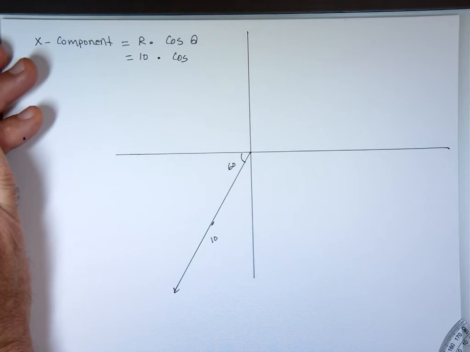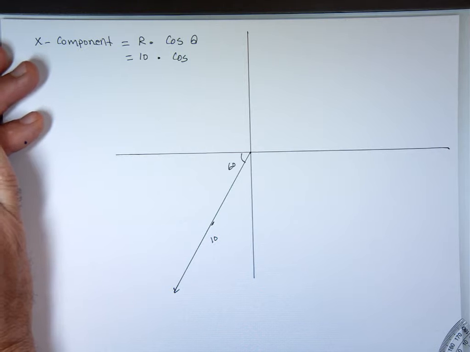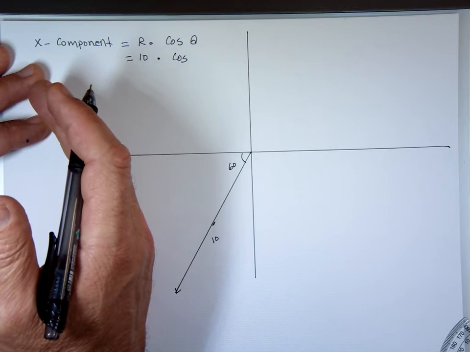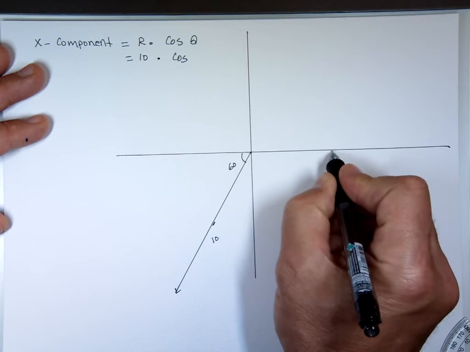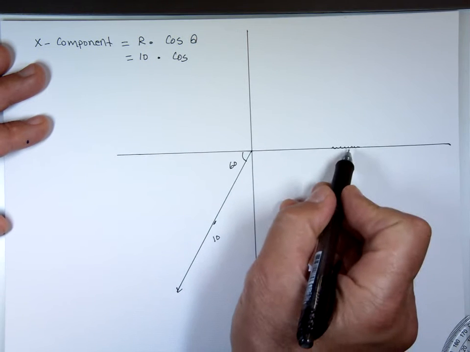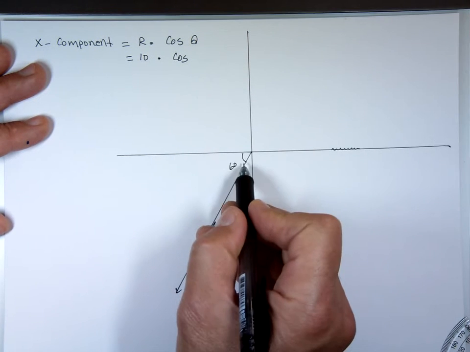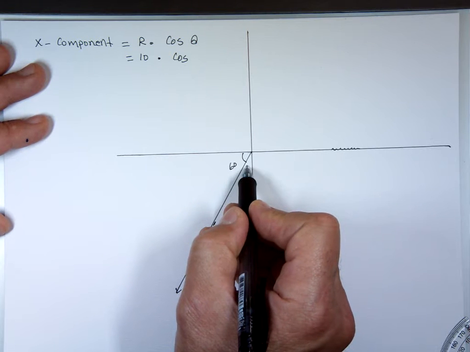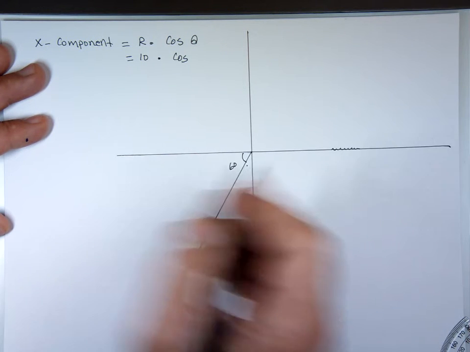Try again. Because notice the x value should be negative. So if you use cosine 60, it's not going to work. You always want to measure your angle from here. So what's that angle if you go from here? It's 180 plus the 60, which is what? 240.